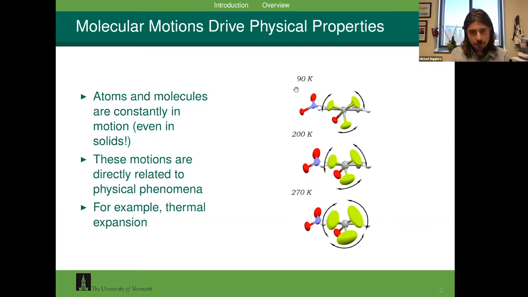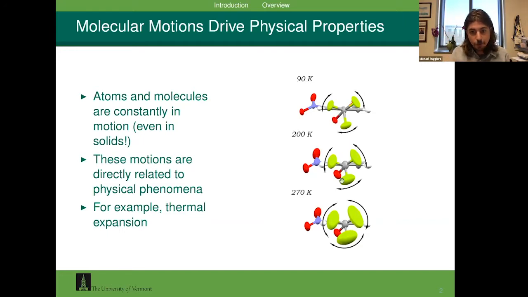At low temperatures, at 90 Kelvin, so very cold liquid nitrogen, you see that particularly this one group, which is called the trifluoromethyl group, rotates, and there are three atoms, and they spin like a top. And so that's why you see these ellipsoids spread out around that rotation.